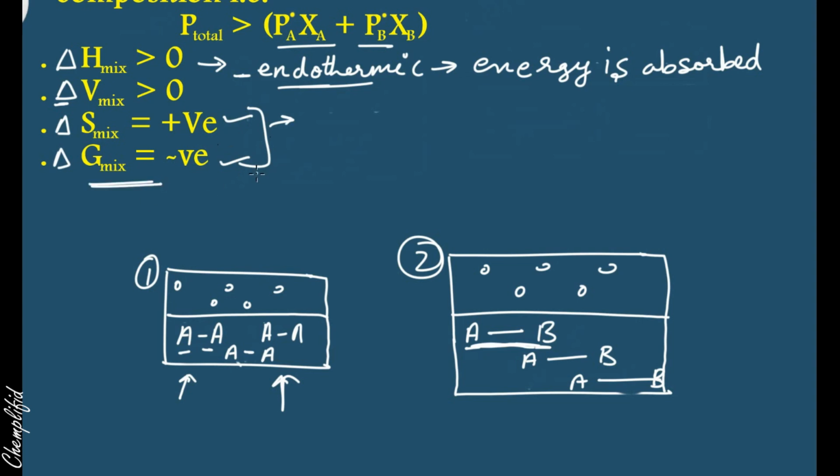Because all the processes are spontaneous, and for a process to be spontaneous, delta G is always negative. The only values that will change are delta H and delta V. In ideal solution, delta H was equal to 0, delta V was equal to 0, but in positive deviation, delta H is greater than 0, delta V is greater than 0, right?